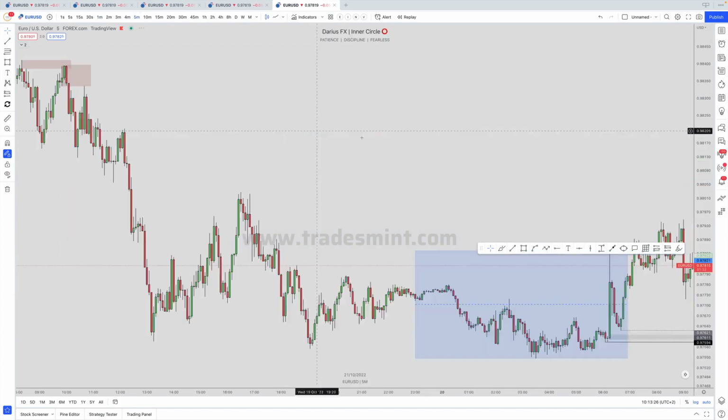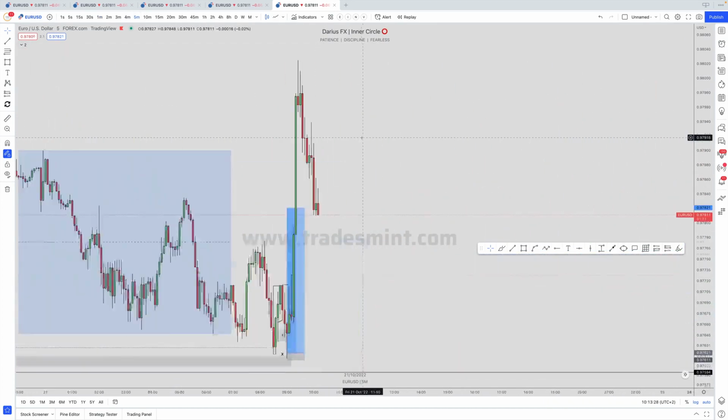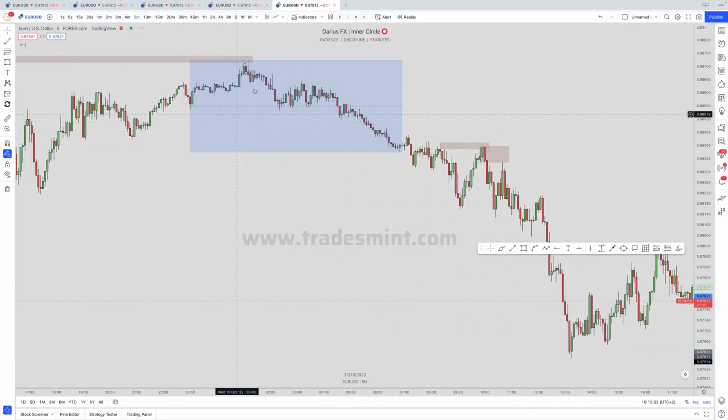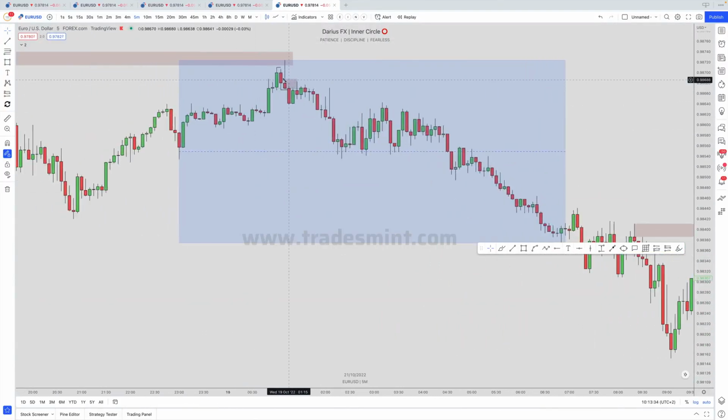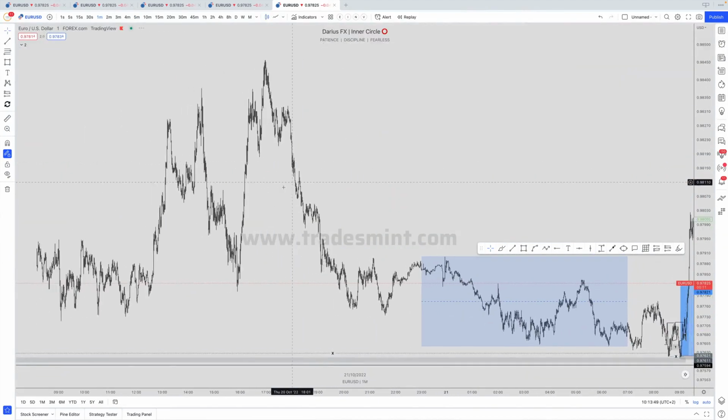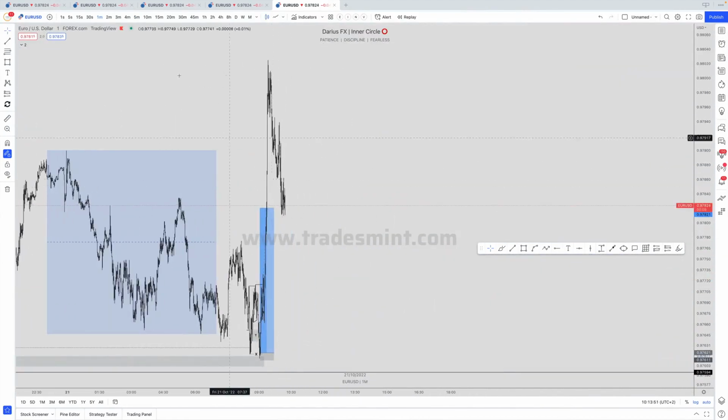Maybe you will see here on the M5 or so something cleaner in this example as to which OB to choose from. Yeah, on the M5 it's clean, right? Because on the M5 it's the overall block here, and it needs to protect that because here is where it changed character. I mean, it broke structure to the downside and so on. So that would also be the case. Okay. Wonderful.